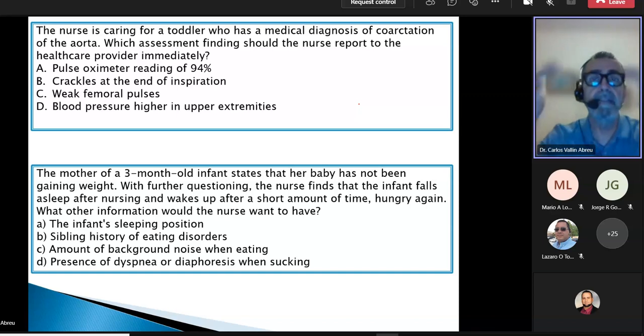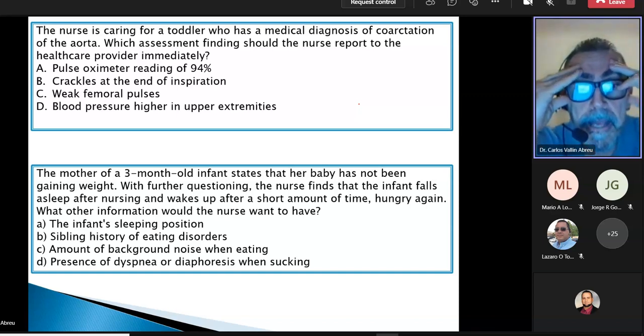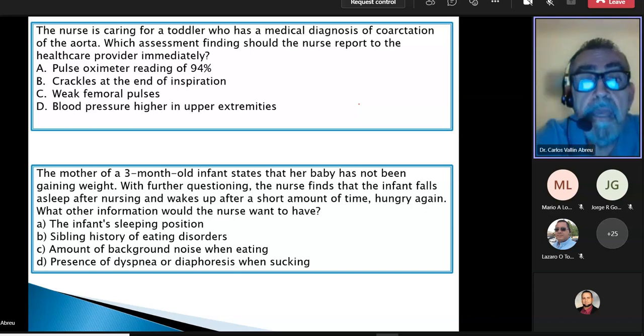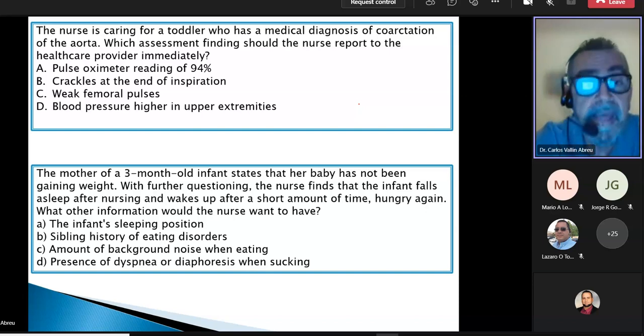It's not the emergency. Why? Because fever is expected in a client with pneumonia. What is not expected in pneumonia is a client with oxygen so low that the patient can die. So maybe if the patient has an O2 saturation of 70, 75, this needs to be reported immediately.